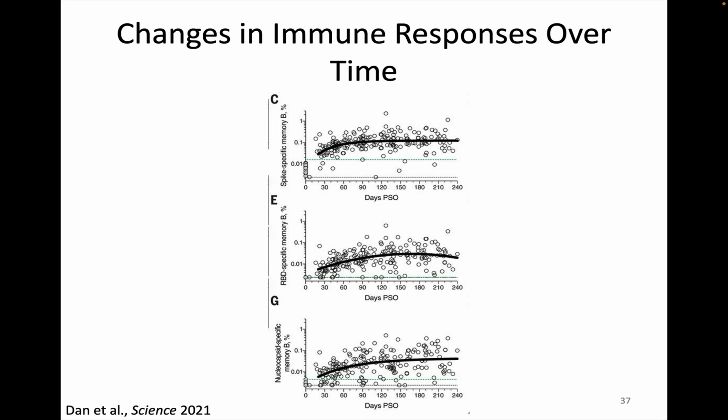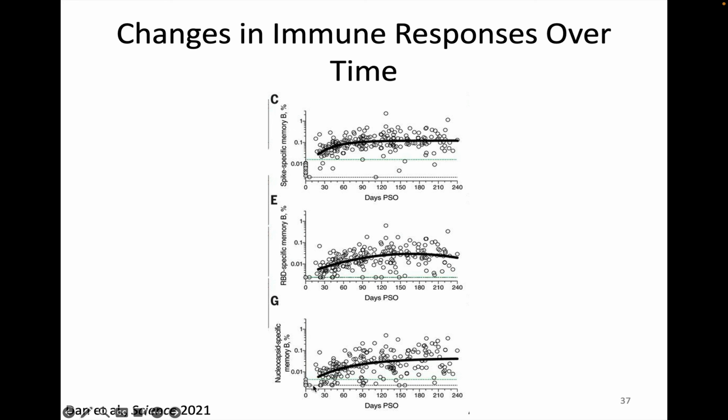Here, you can see the number of memory B cells over time in a number of individuals. And what you can notice is that the memory B cells increase over time and then get to this peak number and stay there.